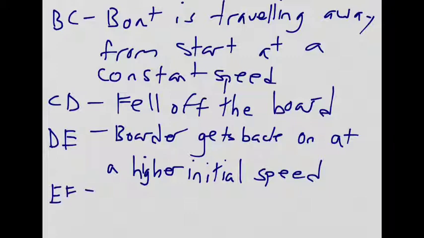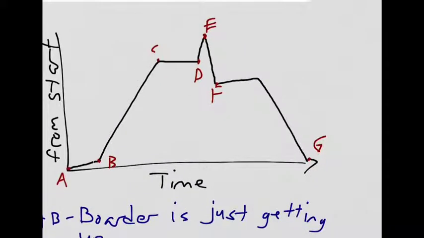E to F. What's happening E to F? They fall off again? Remember, this is how far they are away from the start. So I'm getting further at a faster rate, not getting any further away, getting further again. What's happening now? Remember, this is not a relationship of speed. This is not faster and slower. This is further and closer.